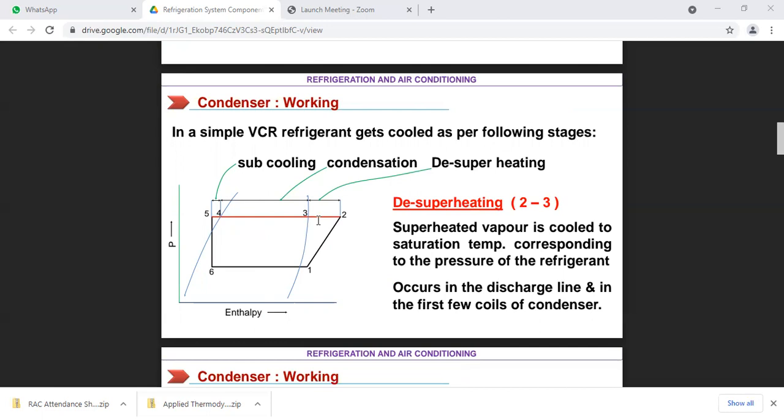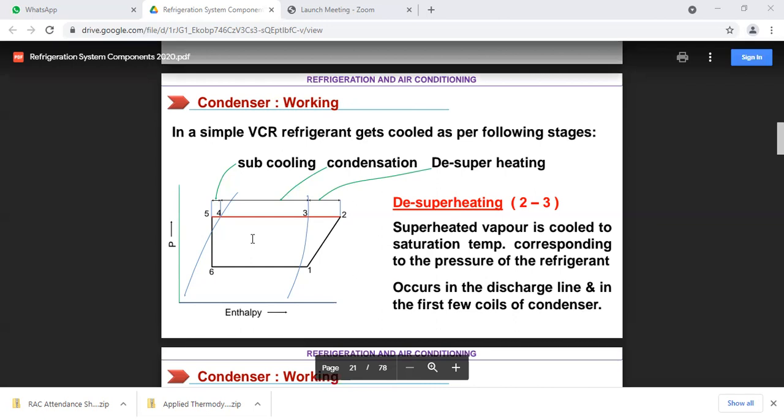Here this curve represents the water saturation line, and this curve represents the dry saturation line. At point 3 there is dry steam, and at point 4 you can observe saturated water. After the condensation, this is the superheated region, this is the liquid-vapor region, and this is the liquid region.